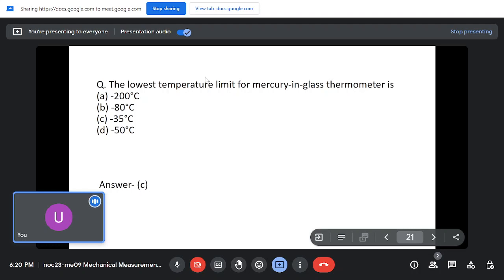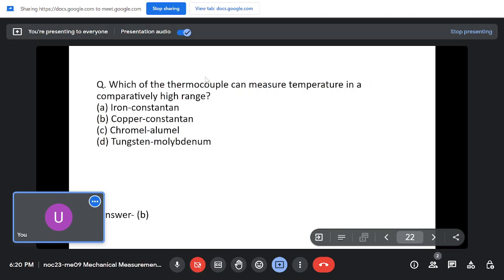It's limited by the fluid, the metal mercury, which is in liquid state. It's limited by its freezing point or melting point, which is minus 40 degrees Celsius. So the answer is option C, minus 35 degrees Celsius.